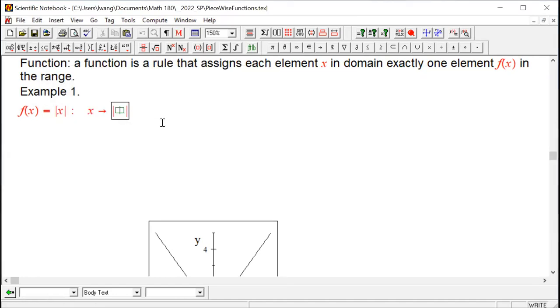Then according to this rule, we take the absolute value of this input and produce an output. That output, of course, is the absolute value of X.